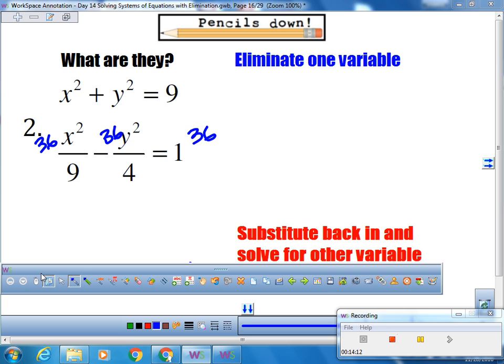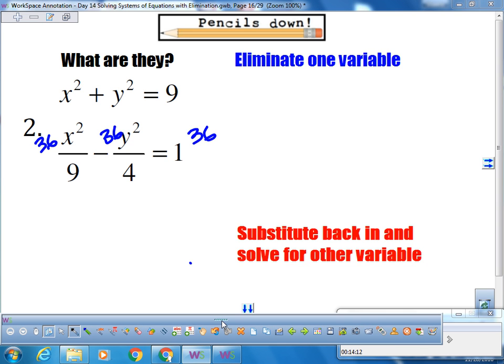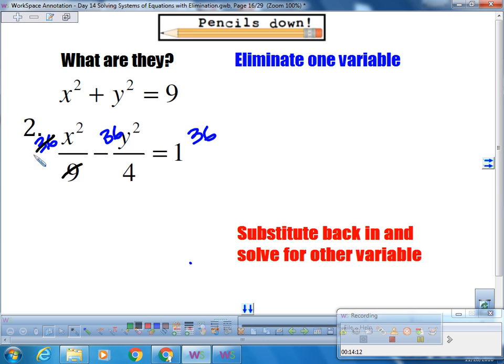Why? Right? If I multiply this by 36, what happens to this 9 and a 36? They cancel out, and what's left over? A 4. So this becomes 4x squared. This 9, this 4, and this 36 cancel to make what? What's left over? A 9, so 9y squared equals 36. Now it's not so scary.